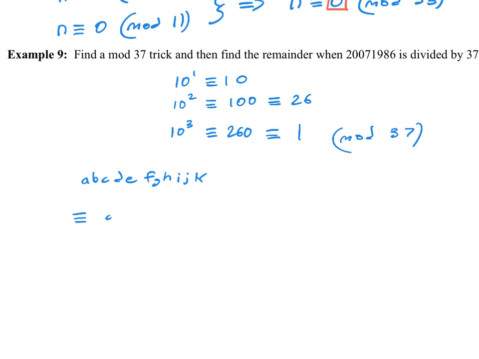The first group wouldn't be a complete group, but that's okay. And the next group would be C, D, E, and then F, G, H, and then I, J, K. And because we got 1, we would add all of these groups together. So plus, plus, plus.